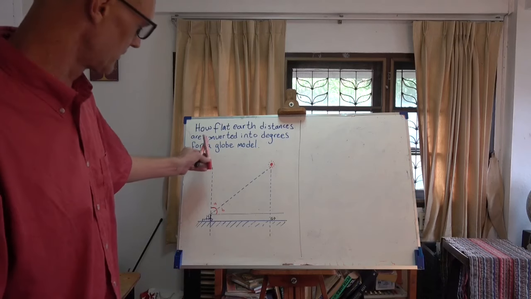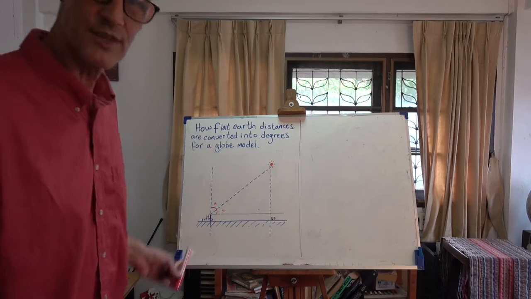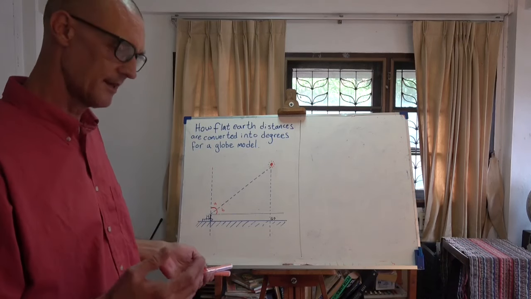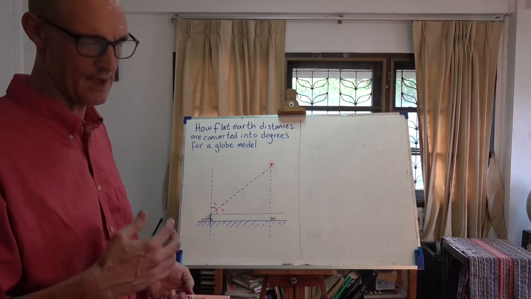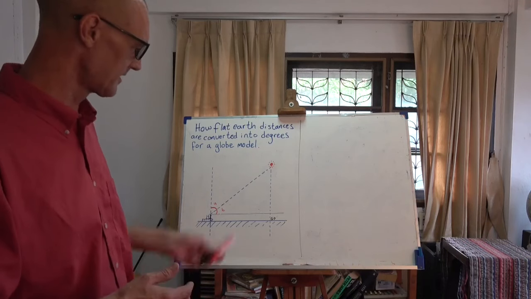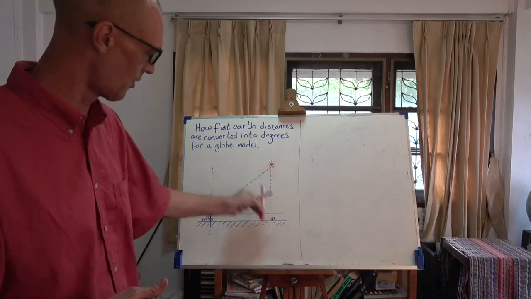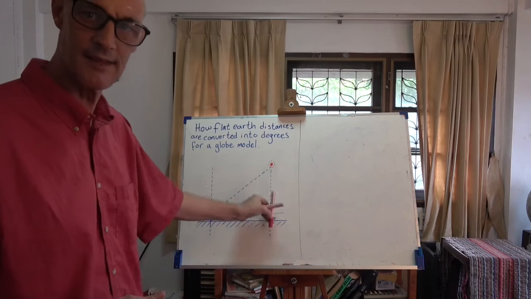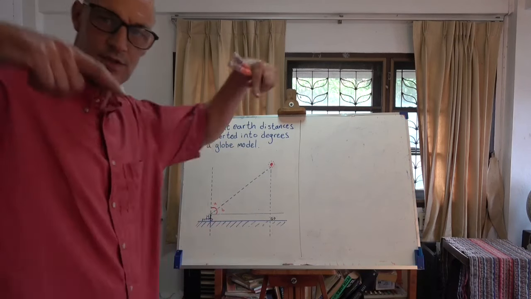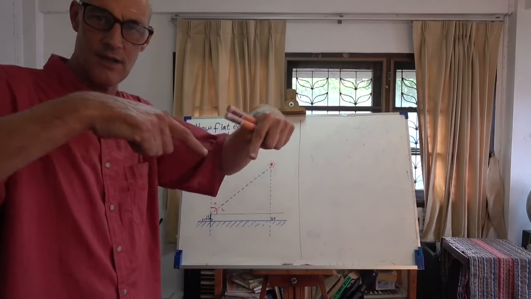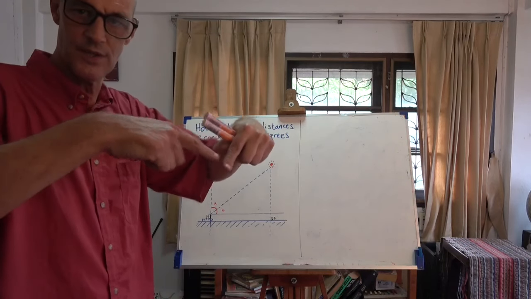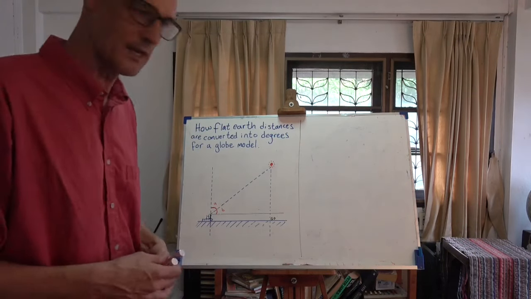Now the bone of contention that globe Earth believers will have about level is the assumption that when you draw parallel vertical lines like this, those parallel lines are not parallel. They eventually converge in the center of an assumed globe.